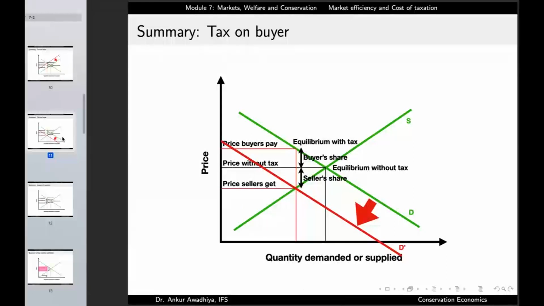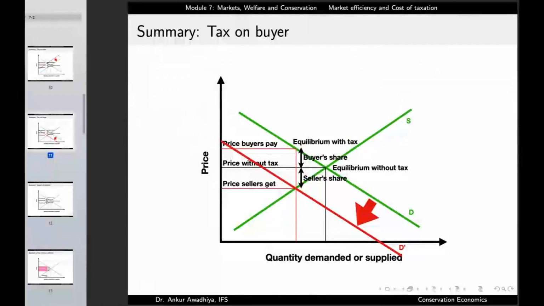On the other hand, when a tax is imposed only on the buyer, the government is saying that we are not going to tax the sellers, but whenever the buyer buys this pen, he will have to pay 50 paise. Now what happens? When the cost of the product increases, that will lead to a shift in the demand curve to the left.